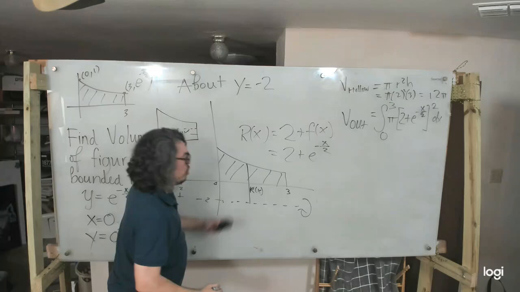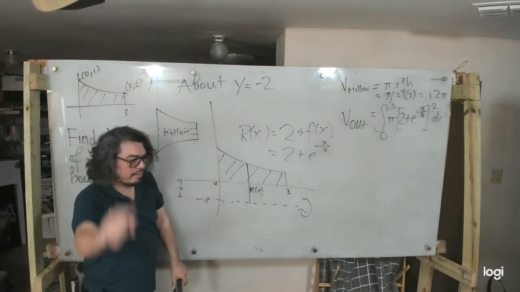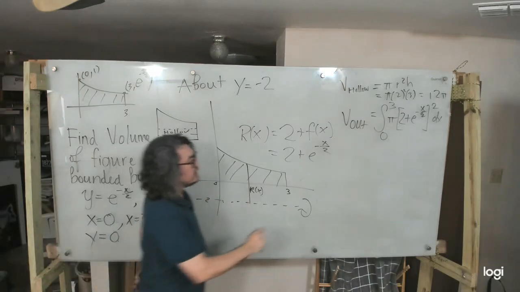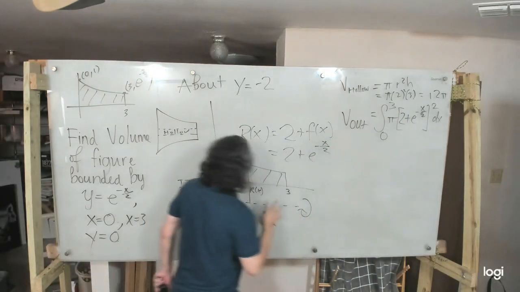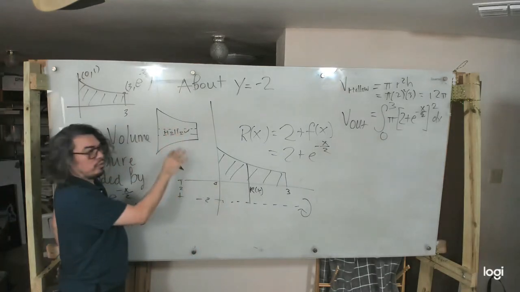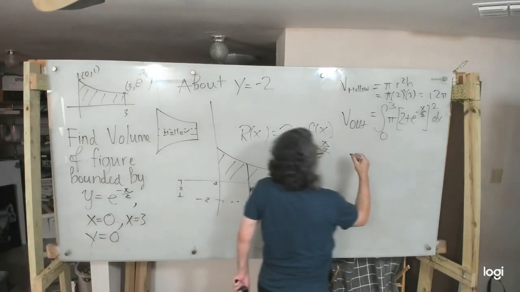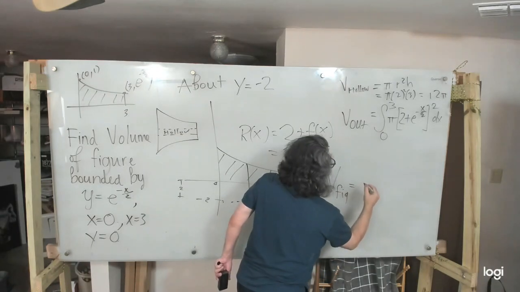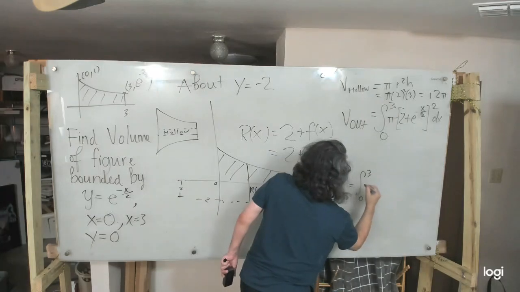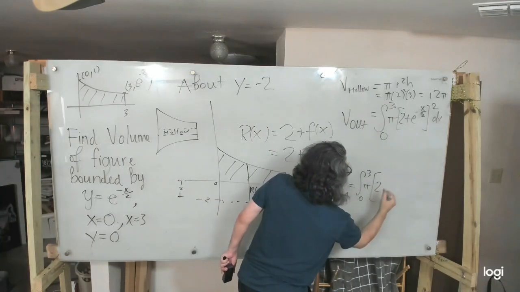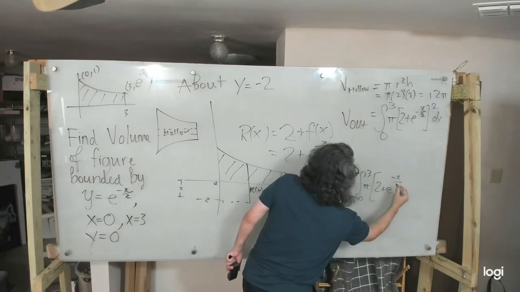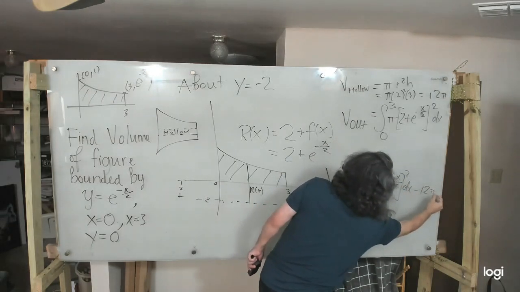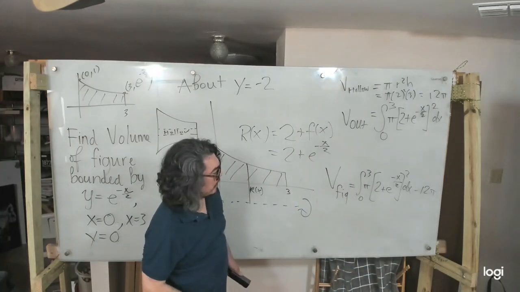And so then the volume of this region rotated about the y equals negative 2 axis is going to be the volume of the outer, which would actually be this region without the hollow, minus the volume of the hollow. So the volume of the figure is going to be the integral from 0 to 3 of pi times 2 plus e to the negative x over 2, squared dx, minus 12 pi.